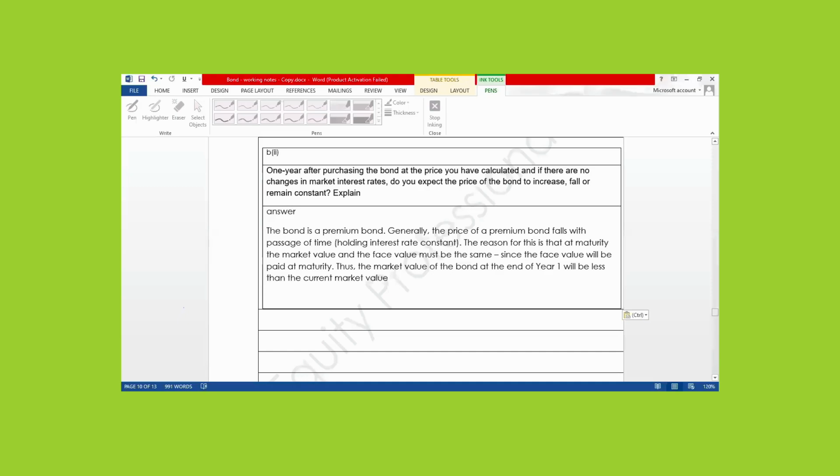The reason for this is that at maturity, market value and face value must be the same. So we are going to expect the price of the bond to fall.